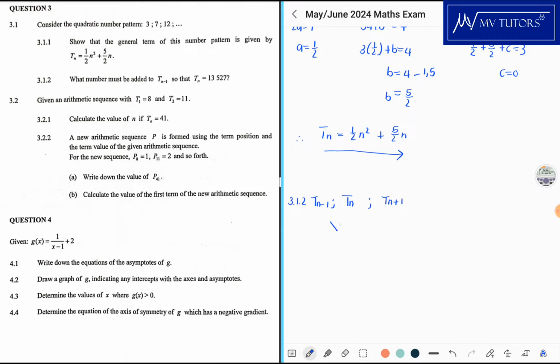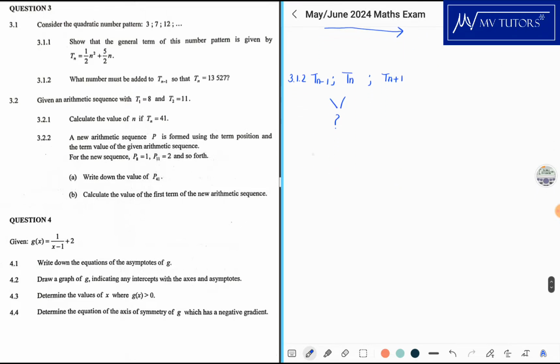Okay, and they want to know what this value is that needs to be added to Tn minus 1 in order to get Tn. And they've given us Tn, right? So Tn, which is equal to a half n squared plus 5 over 2 n, is actually equal to 13,527. So we have a quadratic pattern.